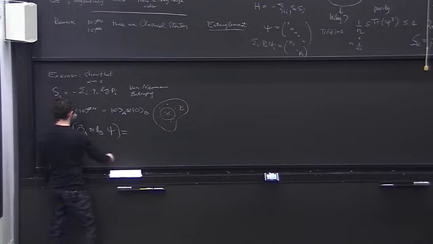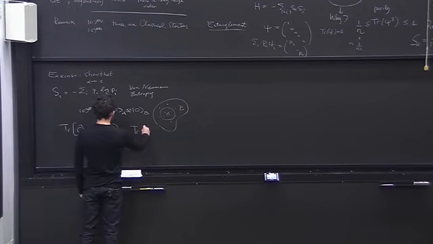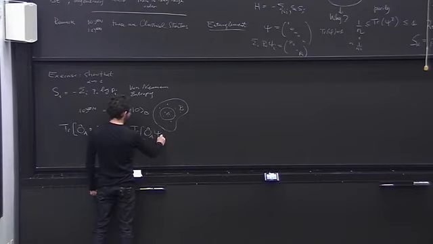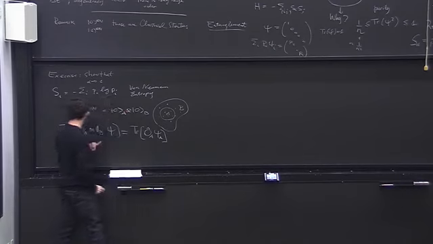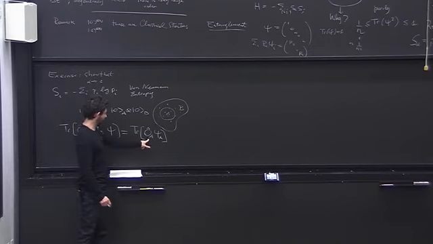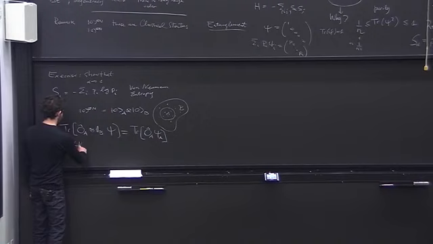This is the same as taking the trace of just OA in the state psi A. So you see, this is an observable on the full Hilbert space. It's an observable on the Hilbert space of A, where psi A is defined as the trace over B of psi.